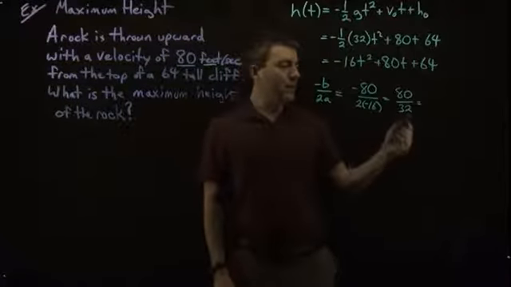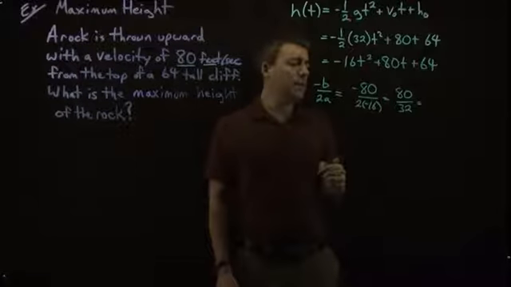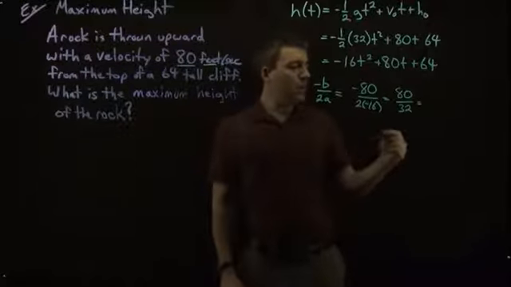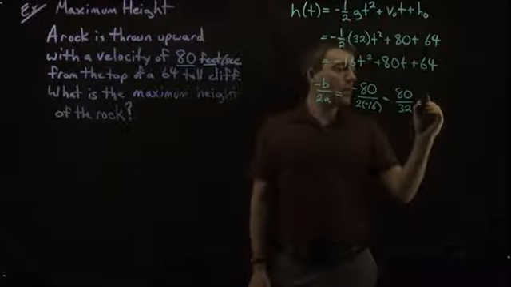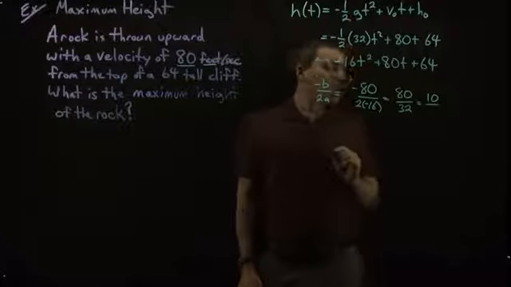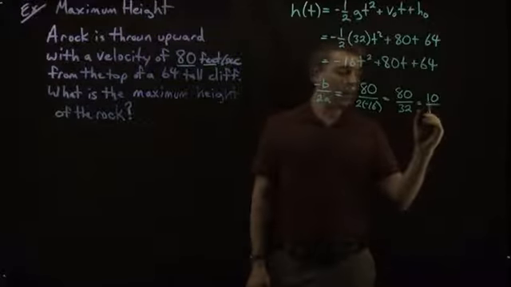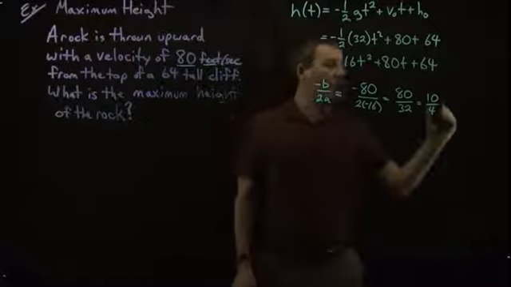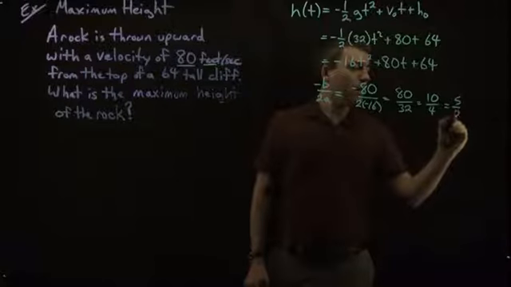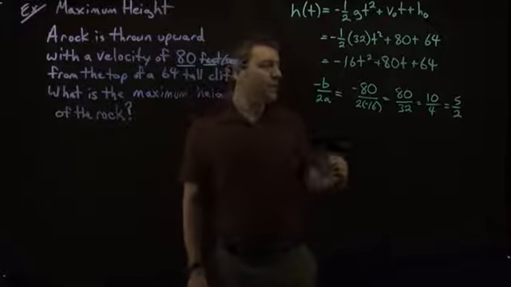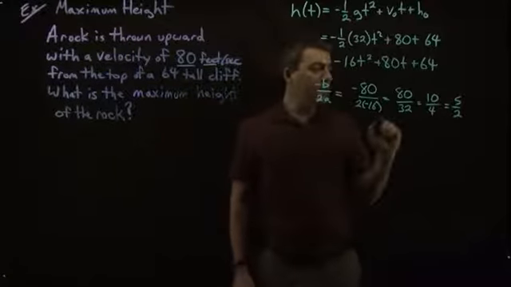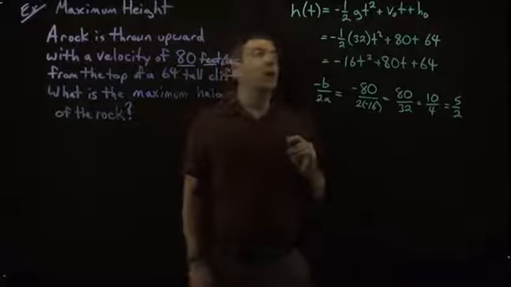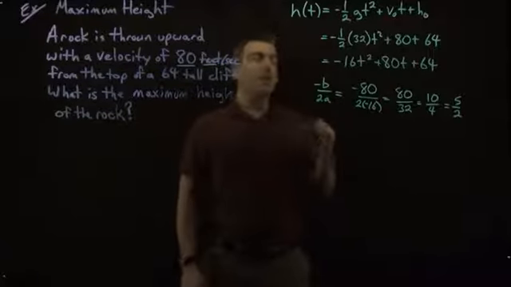There's an 8 in common, so we have 10 over 4, which is 5 halves. So 2.5 seconds before the rock reaches its maximum height. Now we can take this and plug it into our height function and get the maximum height for this rock.